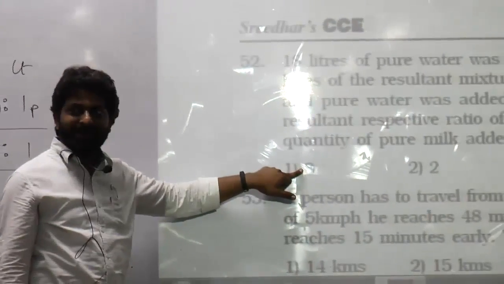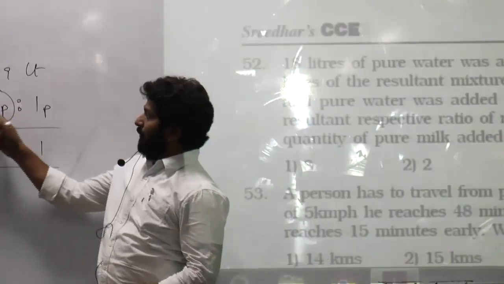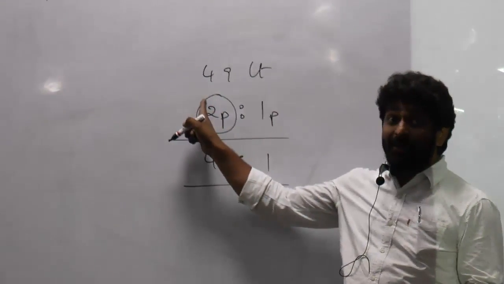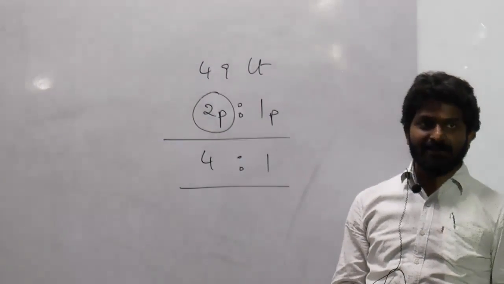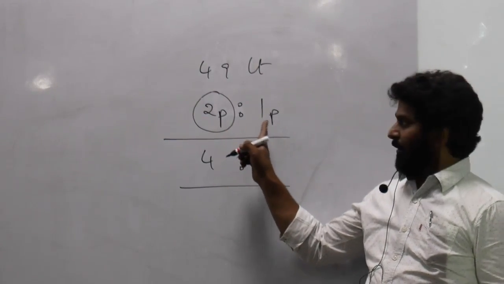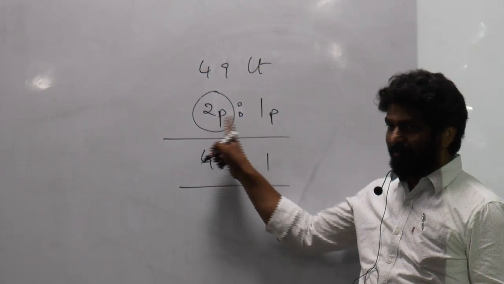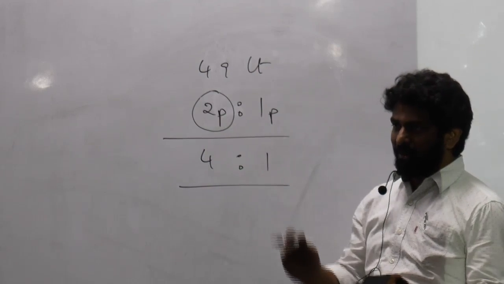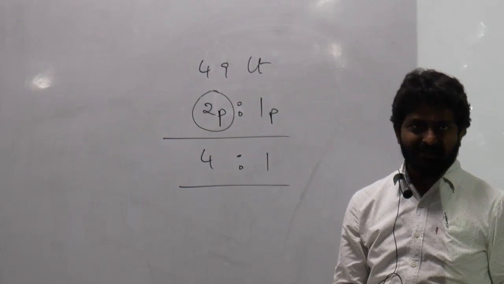This is milk, right? What quantity we are adding to 49 liters? Milk and water. Water component is half of milk component. When you add milk and water, then you will get total quantity that we are adding to 49 liters.